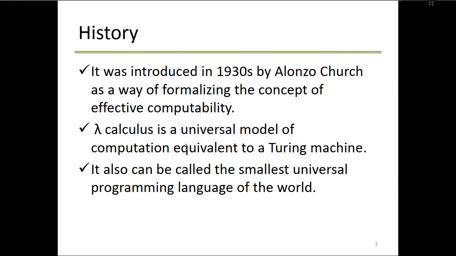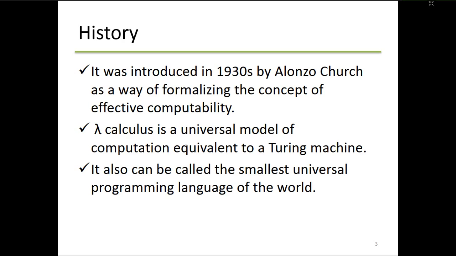Next we will move on to the lambda calculus. This lambda calculus was introduced in the 1930s by Church as a way of formalizing the concept of effective computability. And this lambda calculus is kind of an assembly language for the functional programming languages. The functional programming languages have the basic motivation of converting mathematical functions into programming.